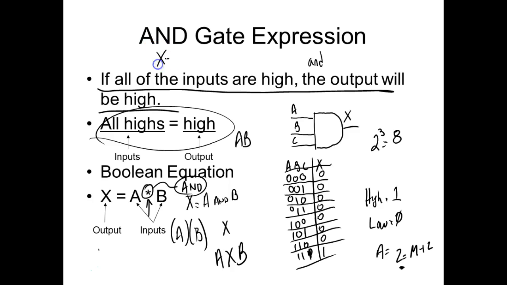Like if we say x is equal to A AND A, we can use the dot too, A and A. Now in algebra that would be A squared, but in Boolean algebra it's A. So we don't have any squares in Boolean algebra. Some of the rules apply and some of the rules don't apply.